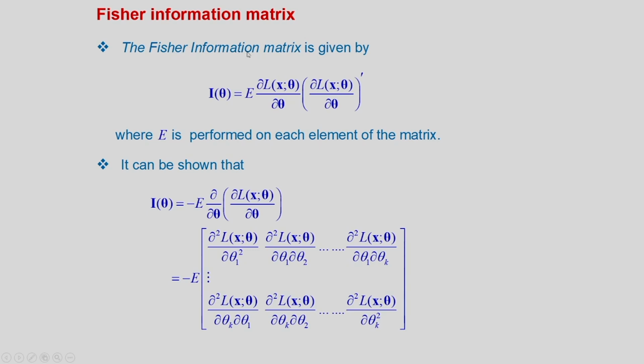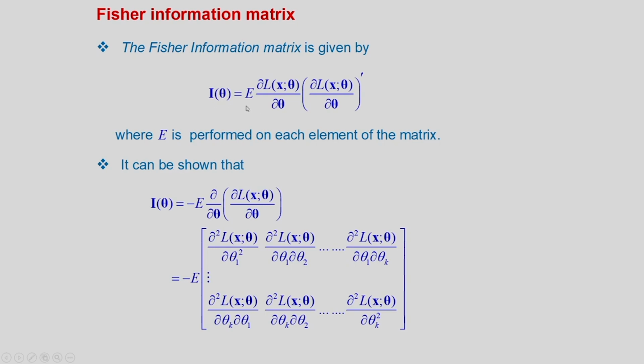The Fisher information matrix is given by the I theta matrix, that is given by E of del L del theta, this is a vector, into del L del theta transpose. So, this product will be a matrix, and then we take the expectation of the individual element of the matrix. So, E is performed on each element of the matrix.